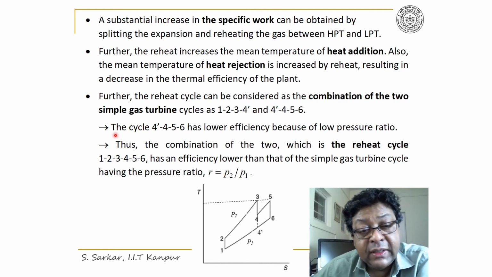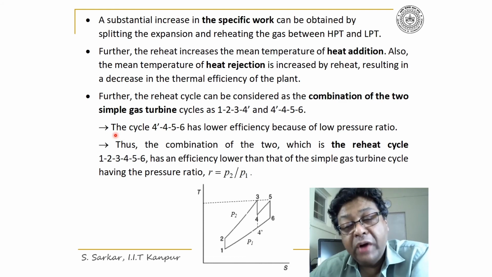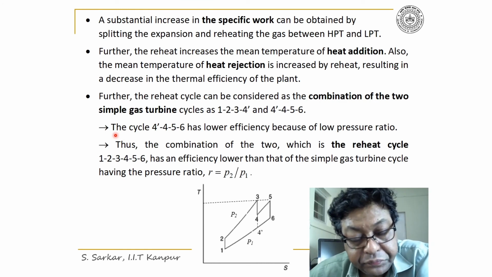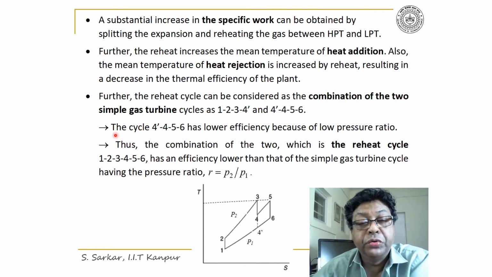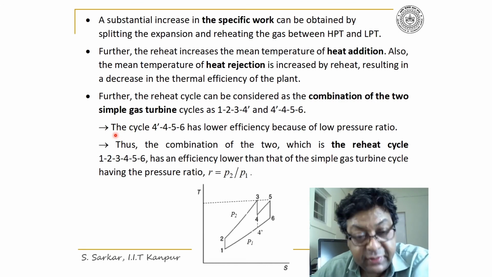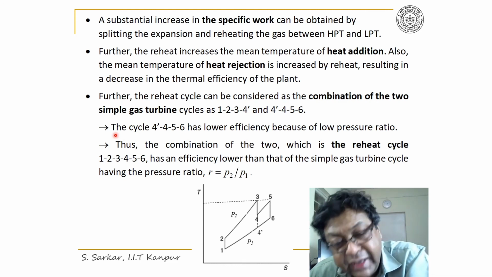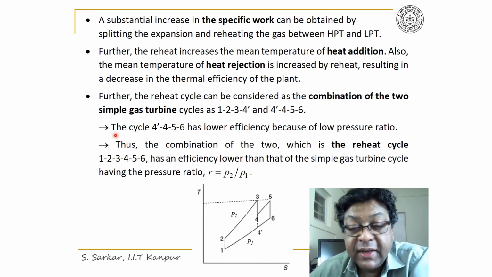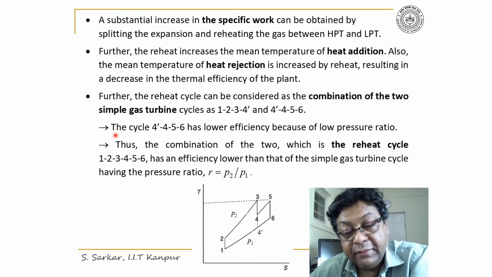Now the cycle 4 dash, 4, 5, 6 has a lower pressure ratio, and thus the lower efficiency. Hence we can say the combination of the two, which is the reheat cycle 1, 2, 3, 4, 5, 6, has an efficiency which is lower than that of the simple gas turbine cycle having a pressure ratio P2 by P1.